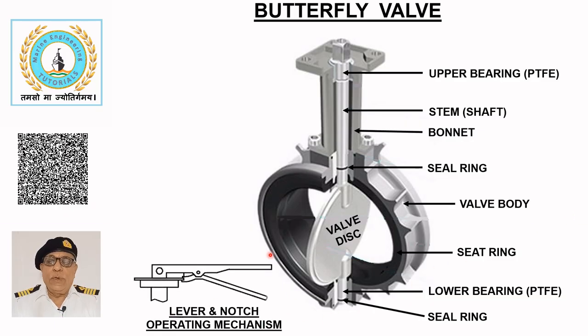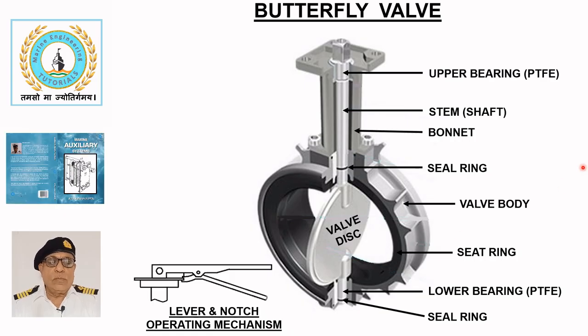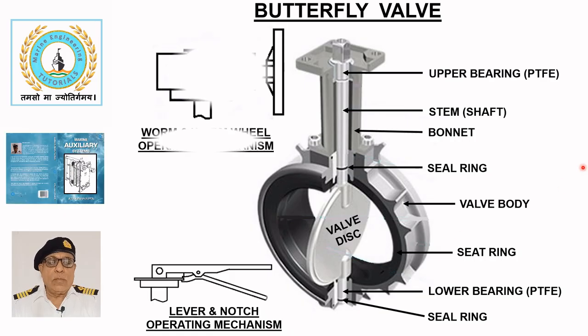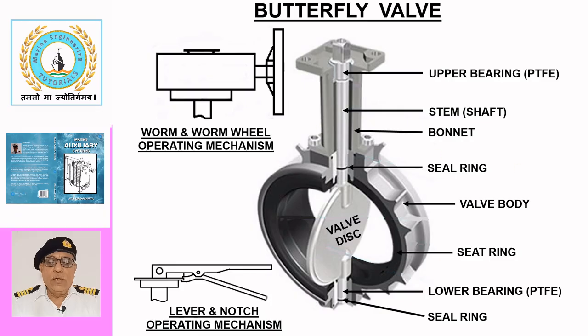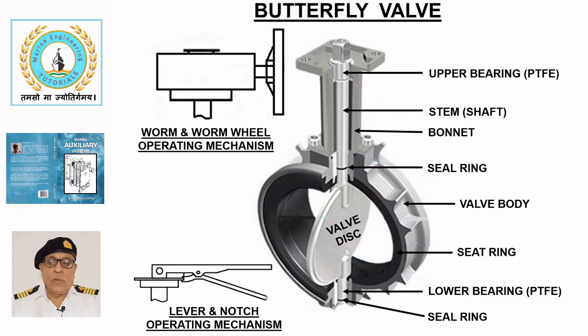Small valves are equipped with a lever and notch type operating mechanism, where the lever is locked in position by the notch to prevent unintended movement. Large valves are equipped with a worm and handwheel mechanism, providing higher mechanical advantage to operate the valve against greater torque.